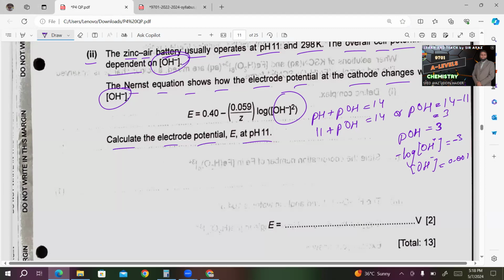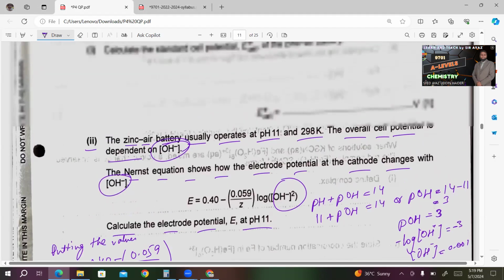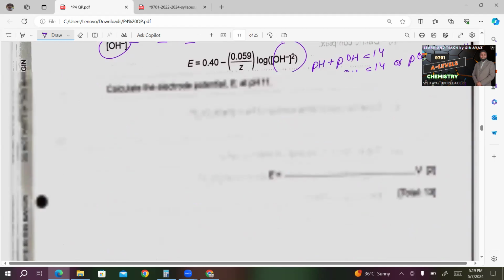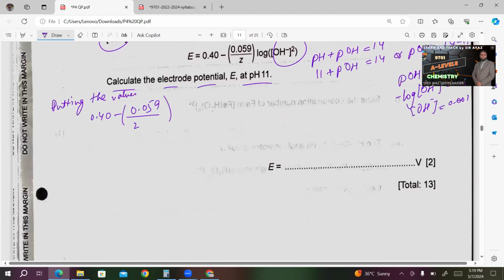So putting the values in the Nernst equation, we will get 0.40 minus 0.059 over Z. What about Z? It must be 2. If you look at this, the number of electrons is 2. That's why I have to write 2 here for the electrons.